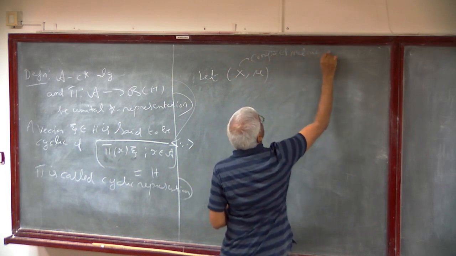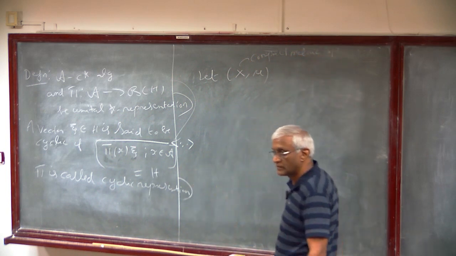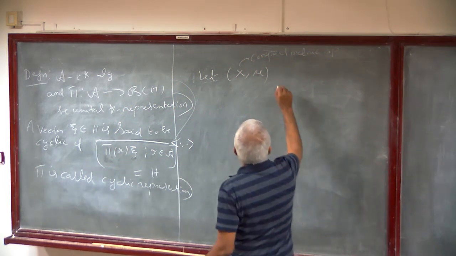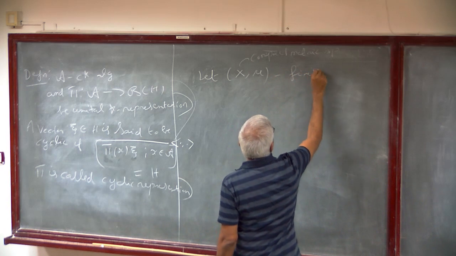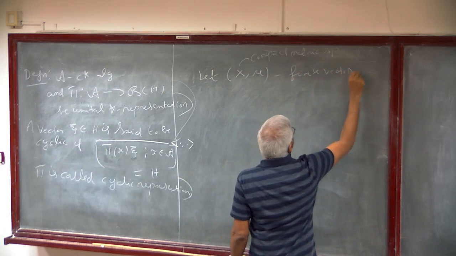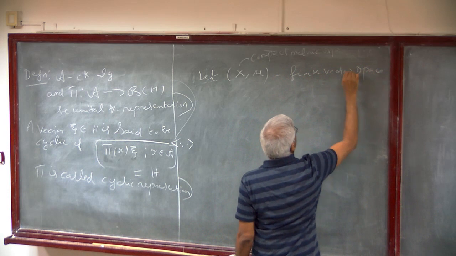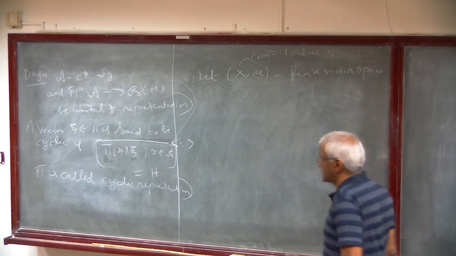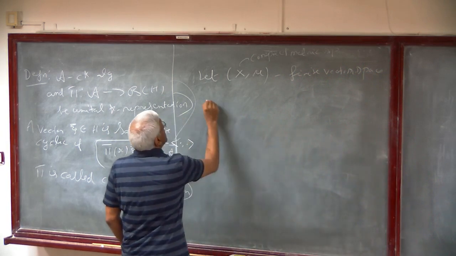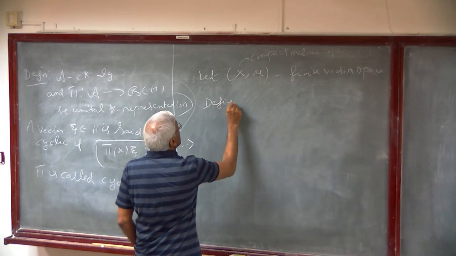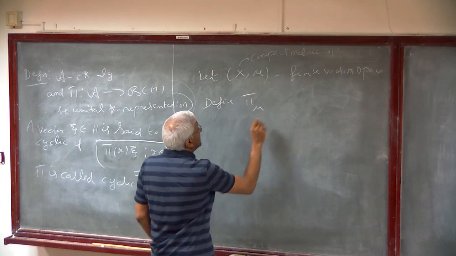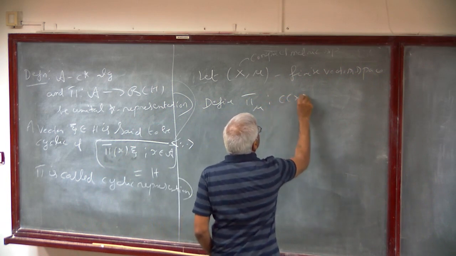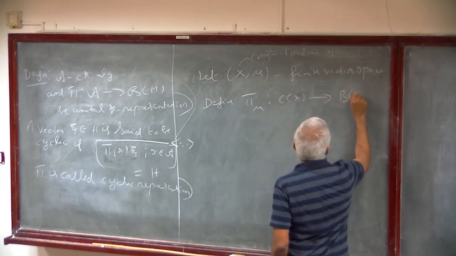That's not needed, but you can assume it, so you don't have any complication. X is compact and μ is a finite measure on this. Define the representation depending on μ, from C(X) to B(L²(X)).